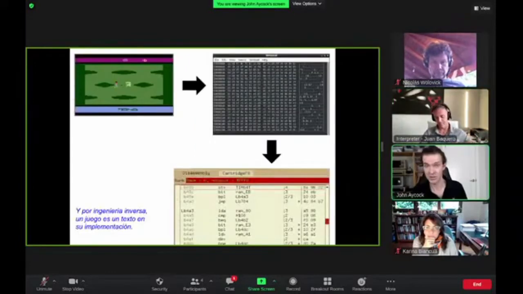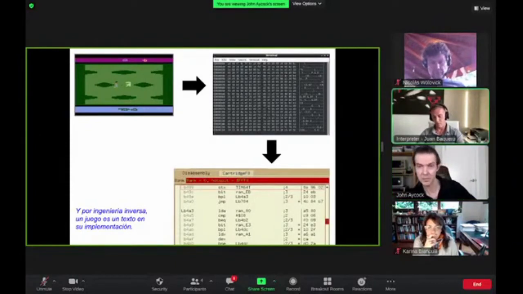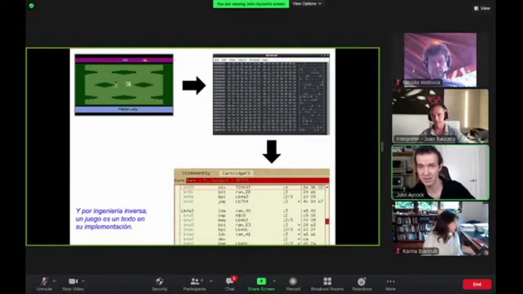Closer to the work I'm talking about, reverse engineering games, a game is a text on a completely different level. The bytes of the game contain the machine language that brings it to life. And even though it's read by the computer, it's still a language, it's a text.